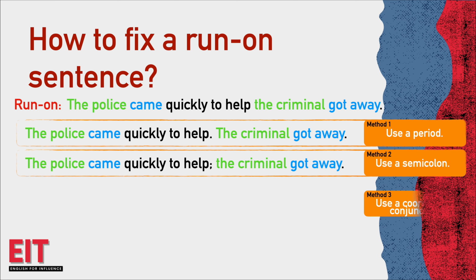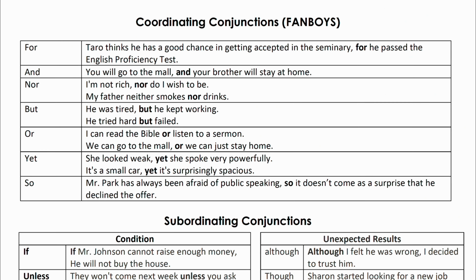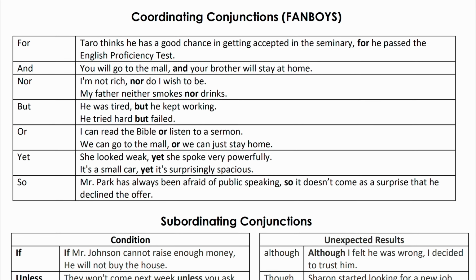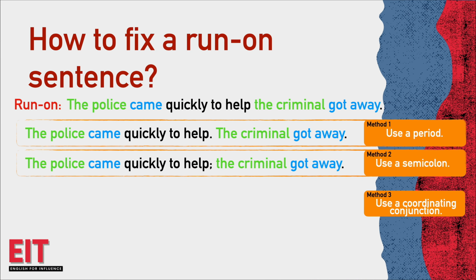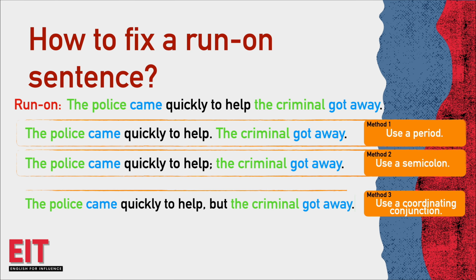Third, we can also use coordinating conjunctions. As we've learned in the past videos, coordinating conjunctions are FANBOYS: for, and, nor, but, or, yet, so. In this case, we can use but. So our sentence will look like this. The police came quickly to help, but the criminal got away.